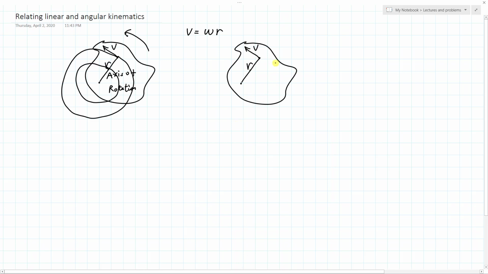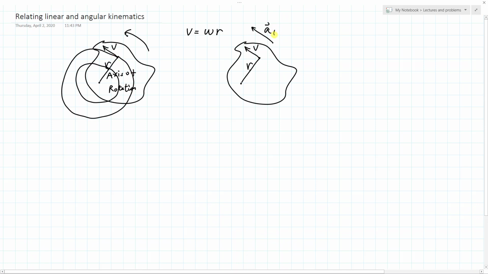So now I have duplicated this object, and there's the radius, there's also the velocity, and we anticipate this velocity will increase. So we know that there's going to be an acceleration along this direction. I'll draw it on the outside. So we have an acceleration in this direction in order to increase the velocity, so that this point will cover the circumference in less time.